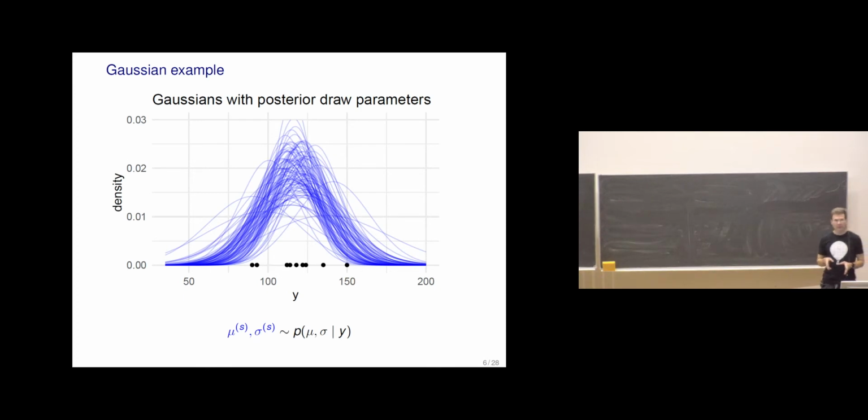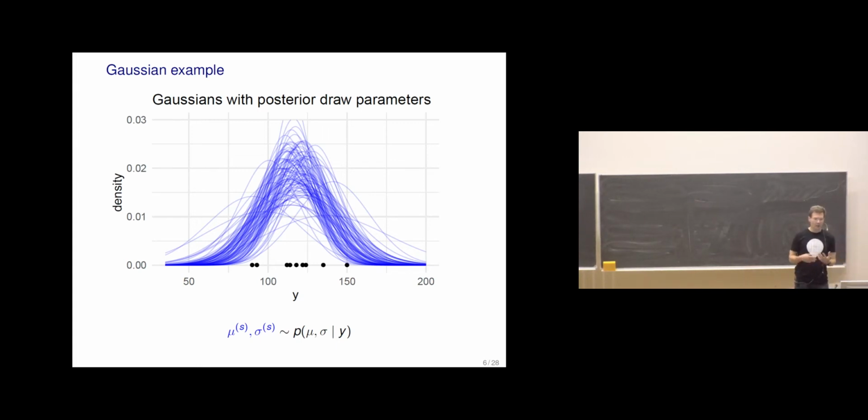Each of these blue distributions has a specific mu and a specific sigma, and when we have obtained many posterior draws, we can illustrate the uncertainty that we don't know which of these normal distributions produced this data. Of course there are infinitely many possibilities, but even plotting a finite number of them, you can get the idea of the uncertainty.